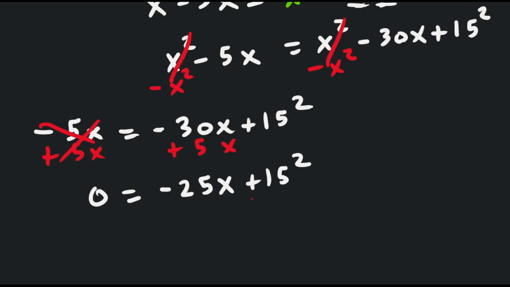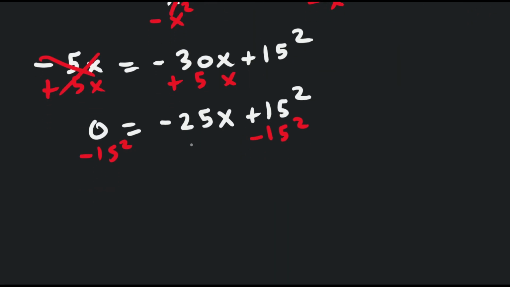And in order to continue to isolate this x, let's subtract 15 squared from both sides, and we have negative 15 squared. Let's switch the order of these. So negative 25x equals negative 15 squared.